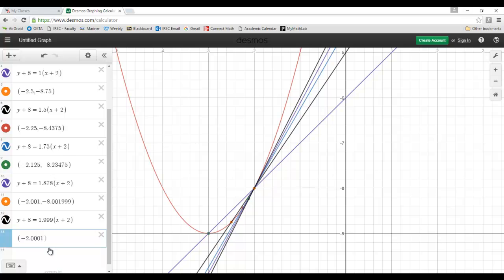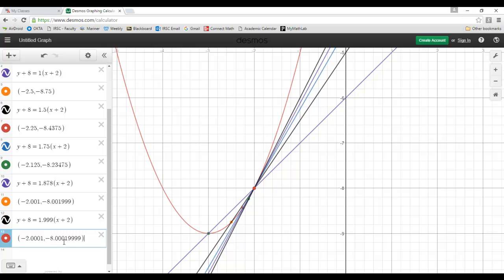So that's even closer. Okay, what's f of -2.0001? Well, let's see. That's 6 times -2.0001 plus -2.0001 squared. And the f of x value is -8.00019999.